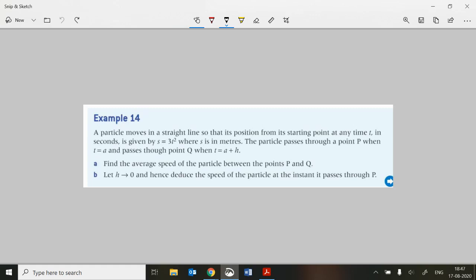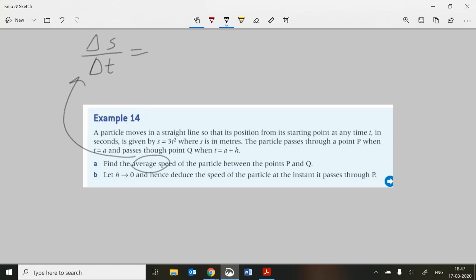Average speed is the change in your displacement divided by your change in time. Obviously, we could bring the 2 points together, making h as small as possible to find the instantaneous speed, but at the moment, they're only asking for the average speed.